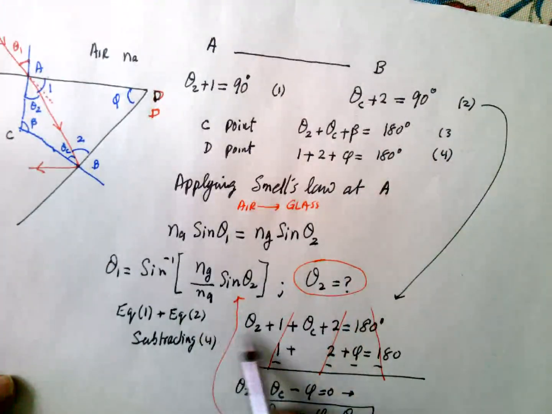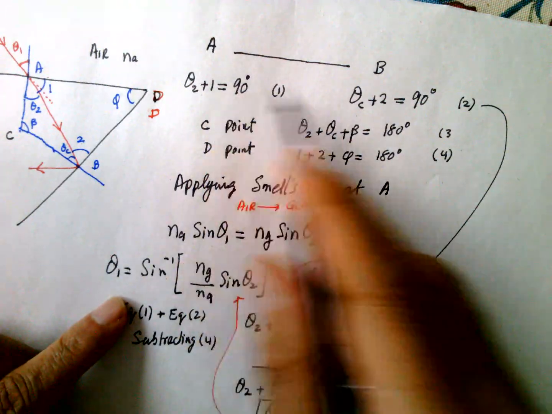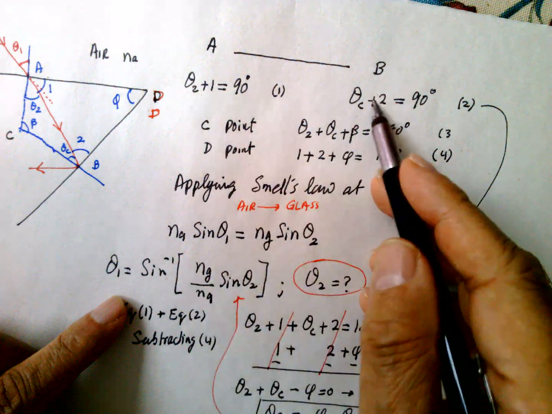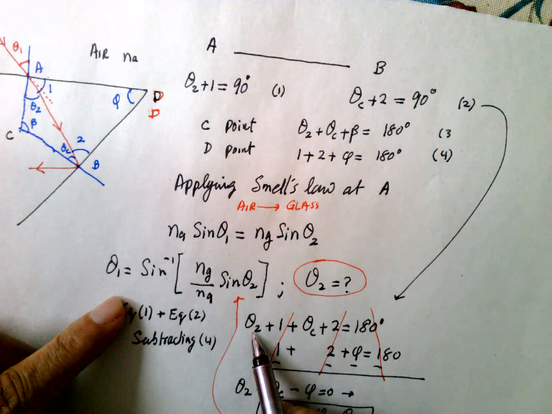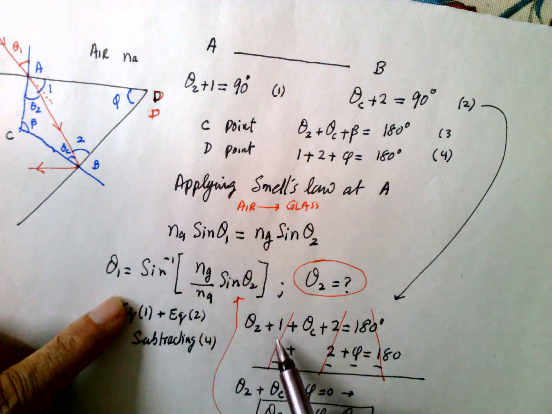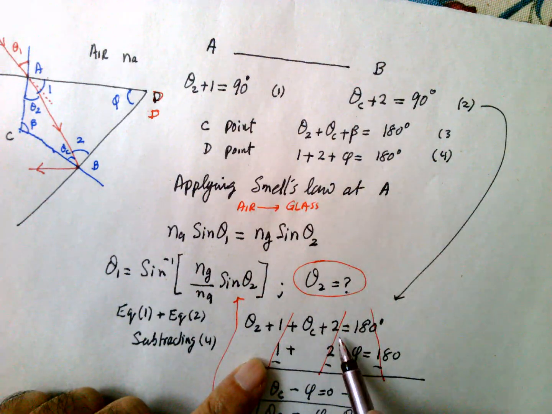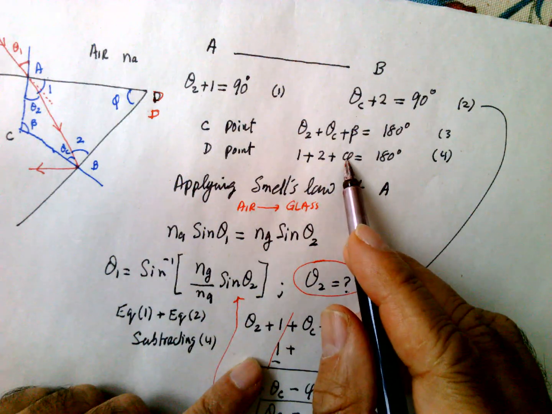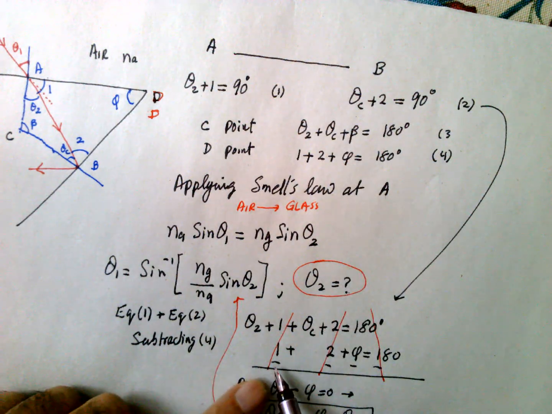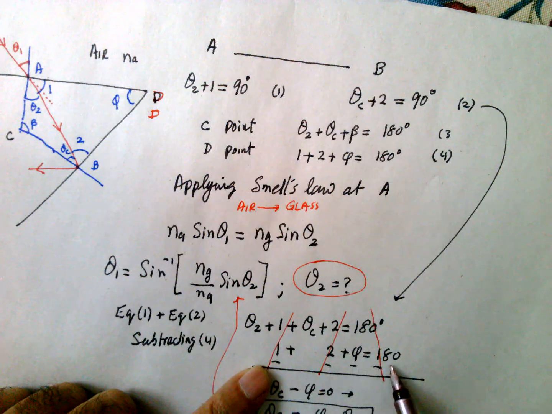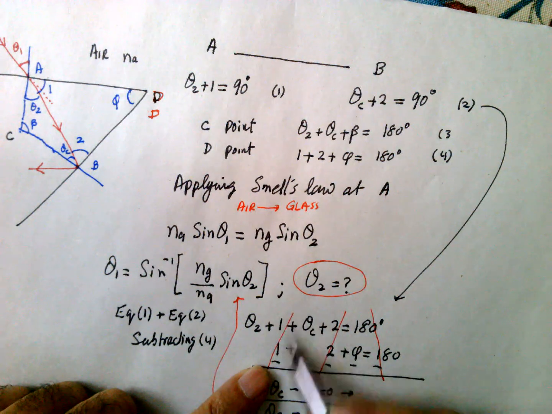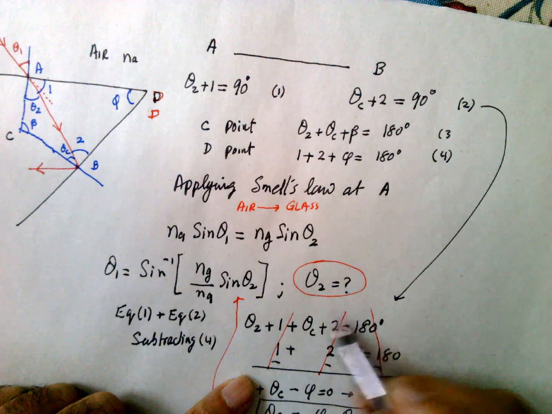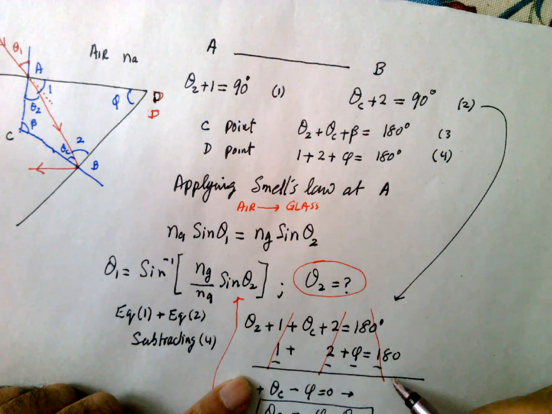So equation 1 and 2 join together, because theta 2 is here, or here, or here. So theta 2 plus angle 1 plus theta C plus angle 2 is equal to 90 plus 90, which is 180. And then we have equation number 4: angle 1, angle 2, and phi is equal to 180. Subtract this one: angle 1 cancels, angle 2 cancels, 180 cancels.